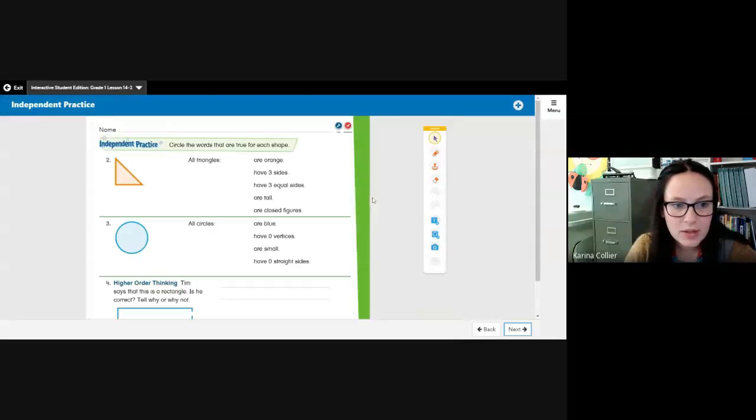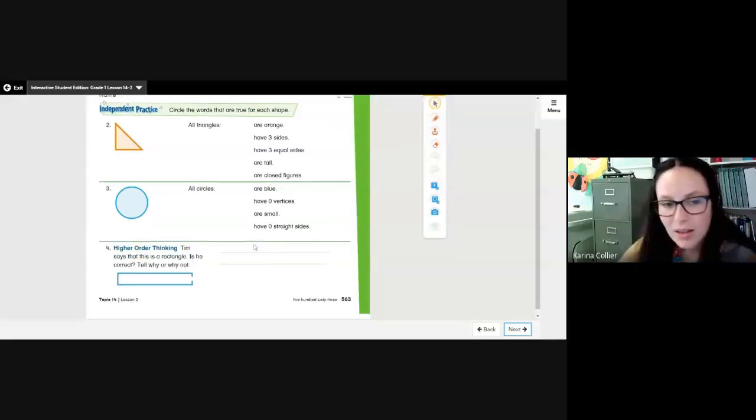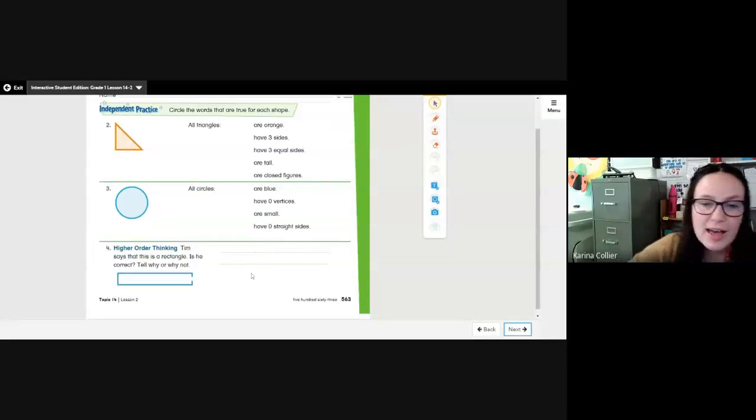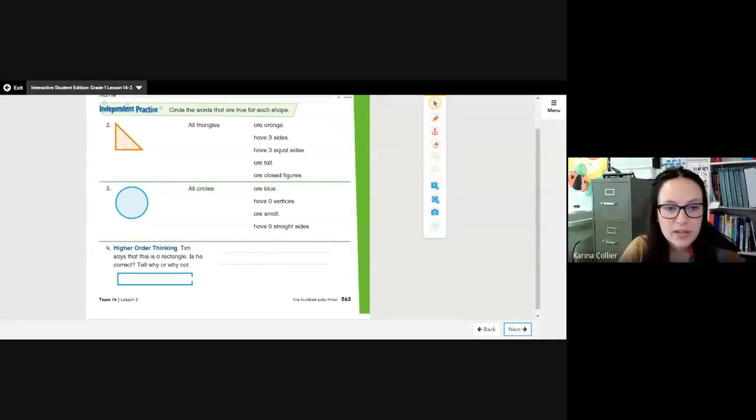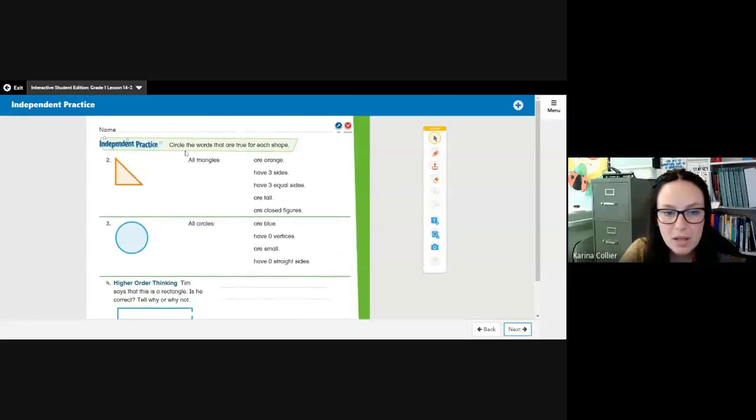Okay. So now this is independent practice. So this is what you guys do by yourself. But Miss Collier is going to read through it so that you have a little bit of guidance still. This is on page 563. So it wants us to circle the words that are true for each shape. So it's just what we got done doing.